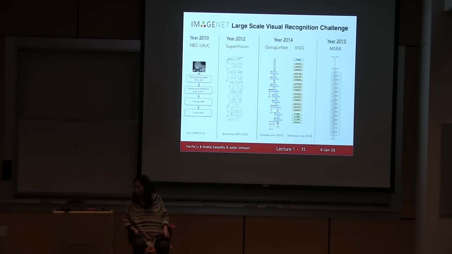I'm not so sure if we're going to cover that. Definitely don't expect to know every single layer and what they do. Actually, they repeat, so it's not that hard. But every year since 2012, the winning architecture of the ImageNet Challenge is a deep learning-based architecture.